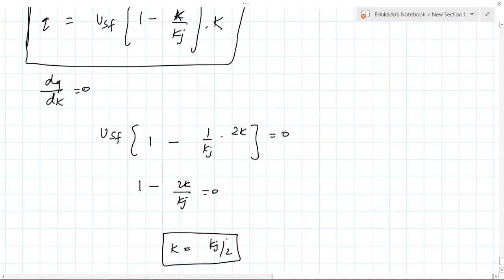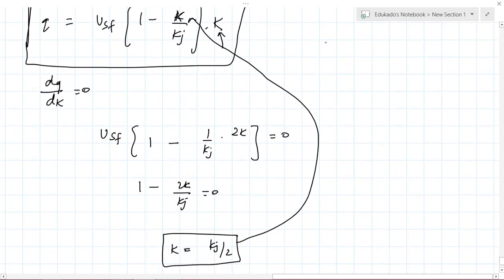So if you put this value back over here, you will get Q equals, and this is now Qmax because you are placing the value of K as Kj by 2, which was derived using the maximum flow condition. So this Qmax is equal to USF as it is, times (1 minus (Kj by 2) divided by Kj).